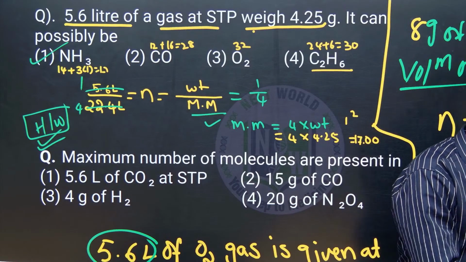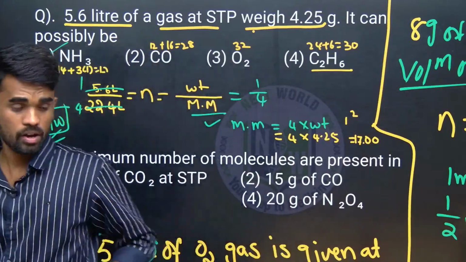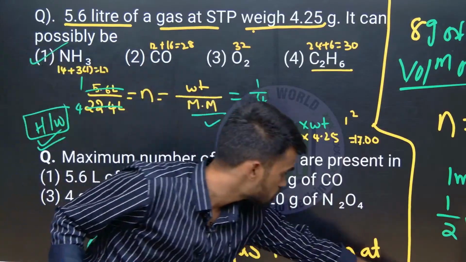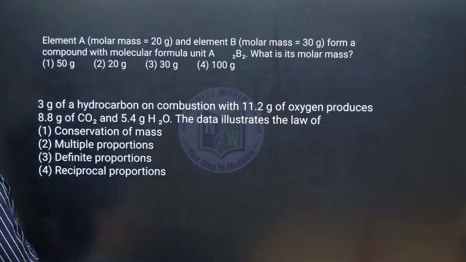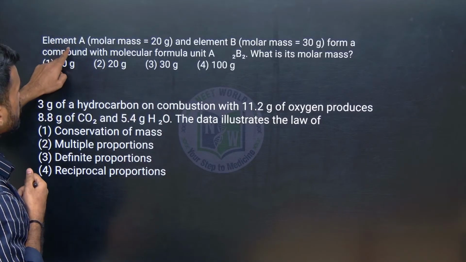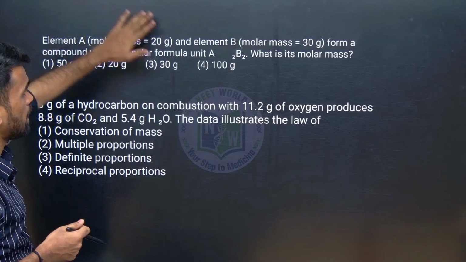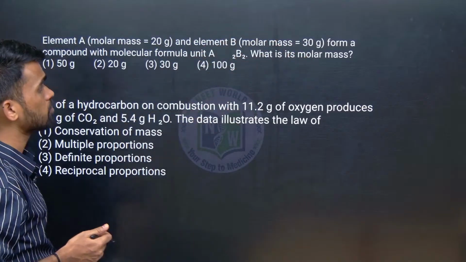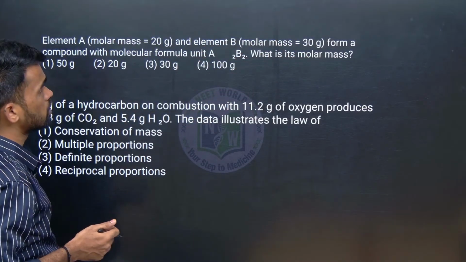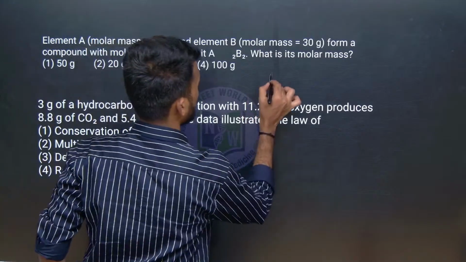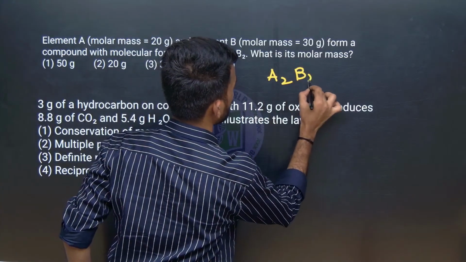Then next, have you written this? Let's move further. Now tell me, element A having molar mass 20 and element B having molar mass 30 form a compound having molecular formula A2B2. Then what is its molar mass?